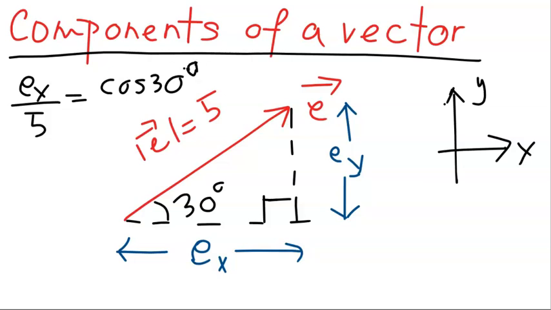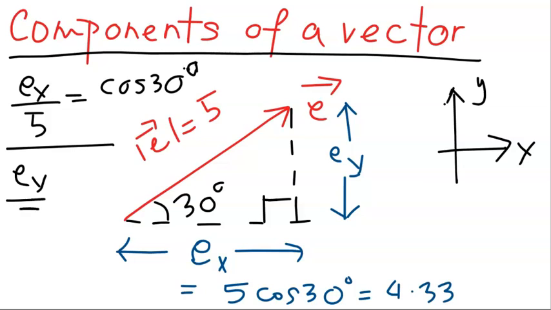So that means your Ex is 5 times cosine 30 degrees, which is about 4.33 units.